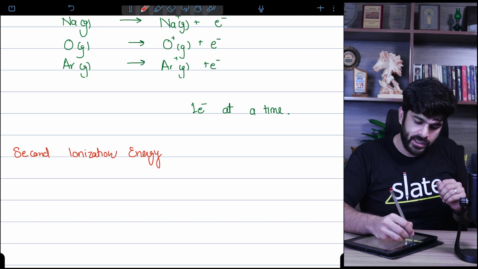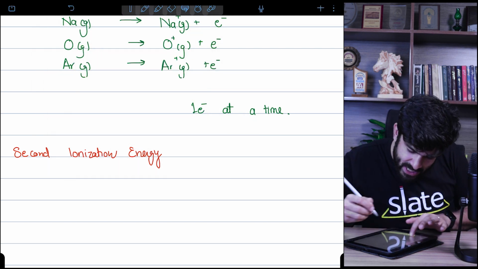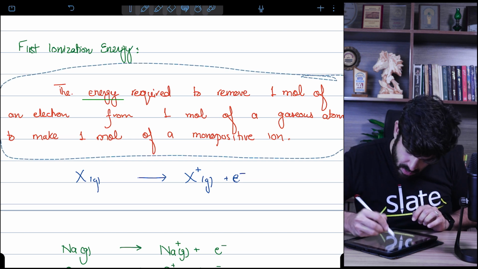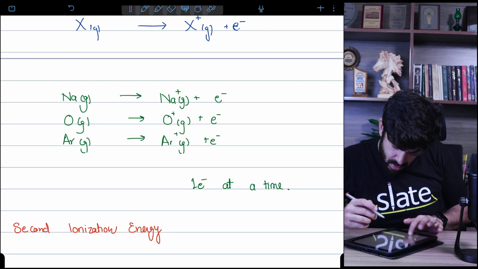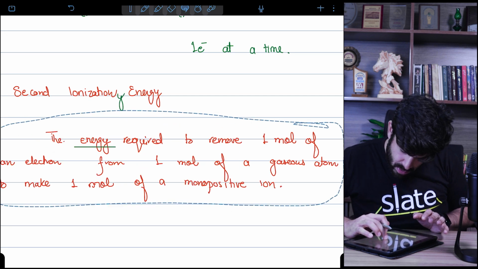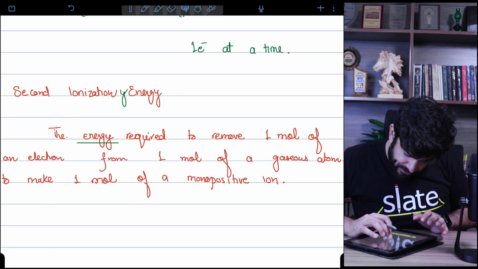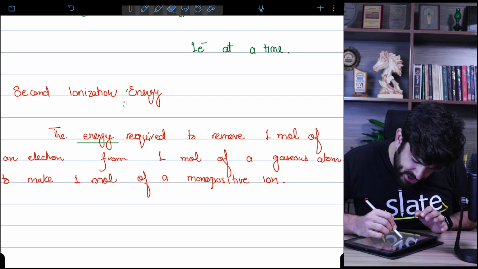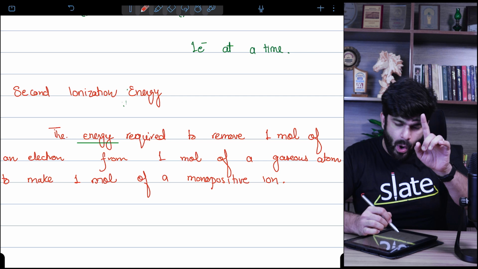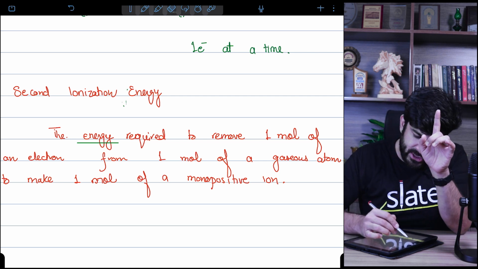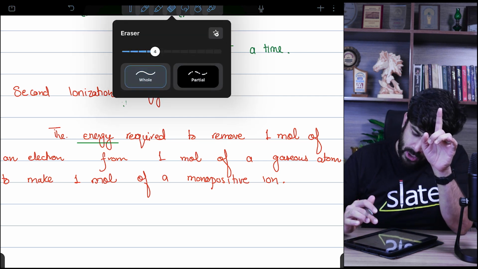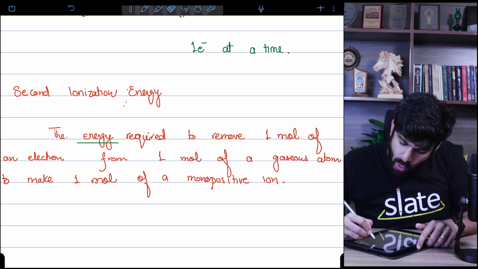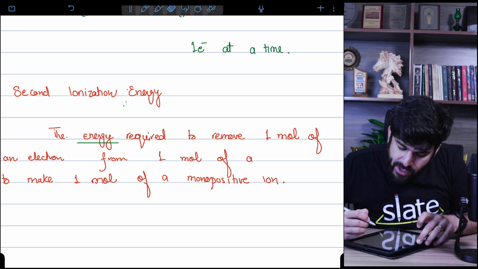Second ionization energy has somewhat the same definition with a few changes. If I have to define the second ionization energy, it is again the energy required to remove 1 mole of electrons, as I said, one electron at a time, from 1 mole of a monopositive ion.